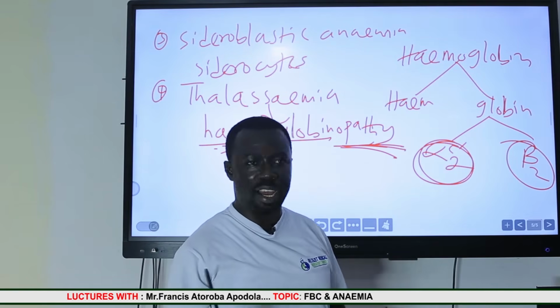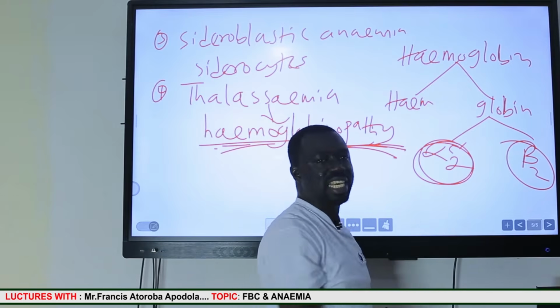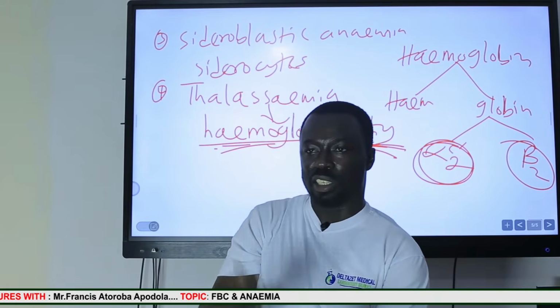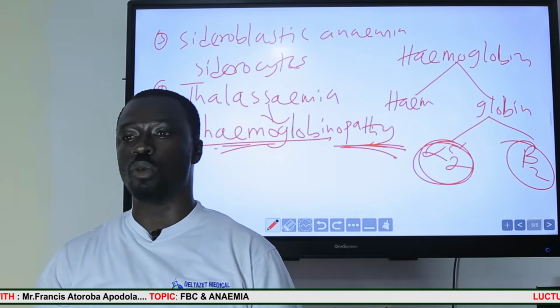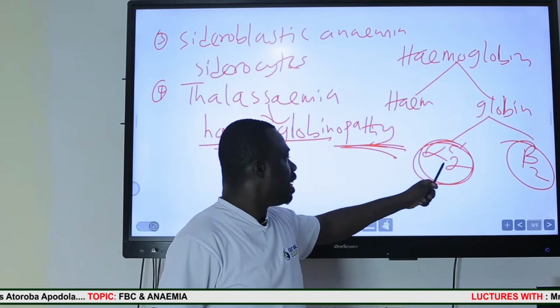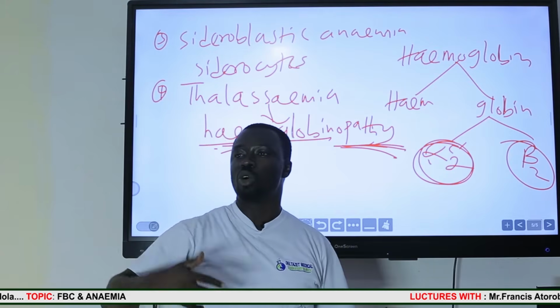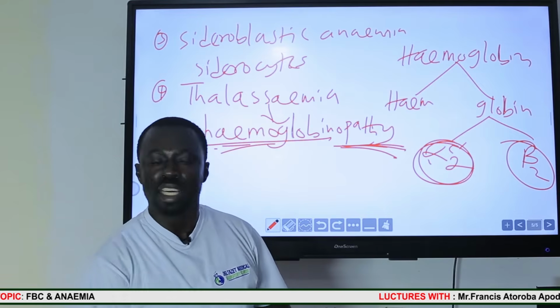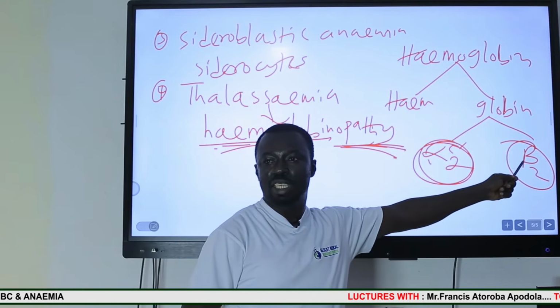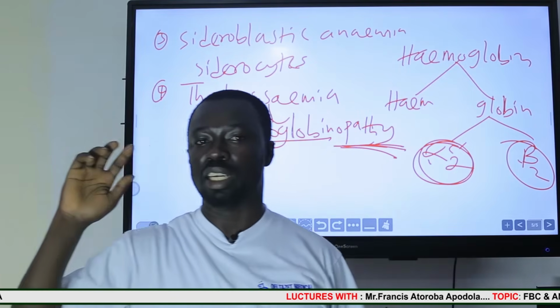In thalassemia, one of these globin chains has a reduction in production. If there is a reduction in the alpha globin chains, that is called alpha thalassemia. If the reduction affects the beta globin chain, that is called beta thalassemia. Are we together?